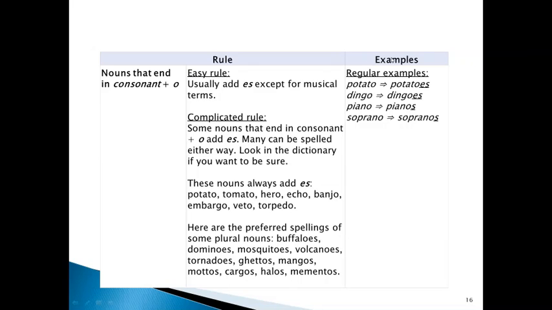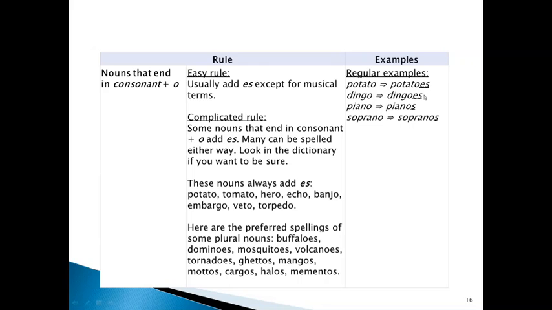For example, potato, potatoes. Potato, T-O, T is a consonant plus O at the end. So this is for one potato, but for more than one, we say potatoes. We add ES.